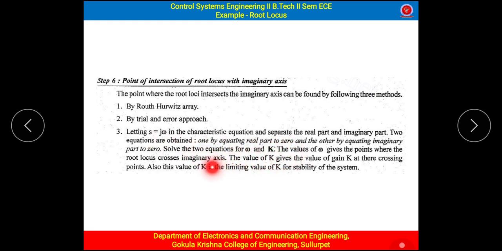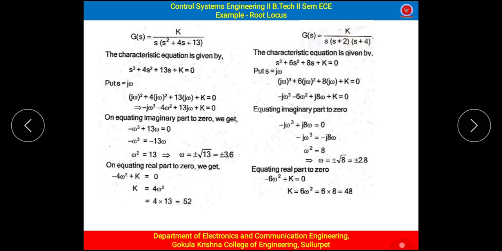Anyway, we will see it directly in the example. See, we will explain how we calculate that point here. This is the transfer function and this is the characteristic equation. Now substitute s equal to j omega in this equation and simplify it.